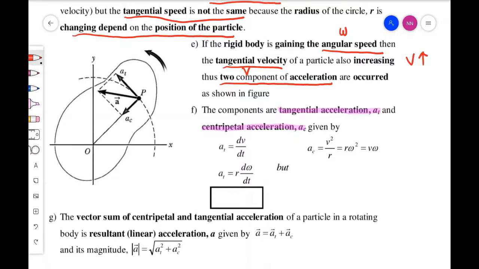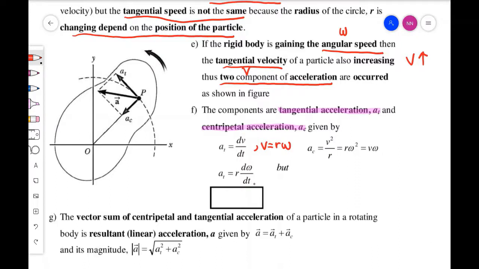So a_t ataupun tangential acceleration equals dv dt, yang mana v ni adalah sama dengan r omega. So kita keluarkan r, okay, r adalah radius, dan perubahan yang berlaku adalah pada omega. So kita dapat equation a_t equals r d omega dt.